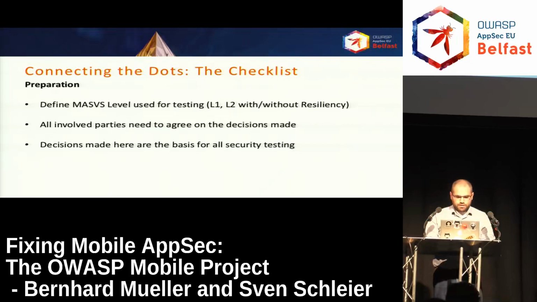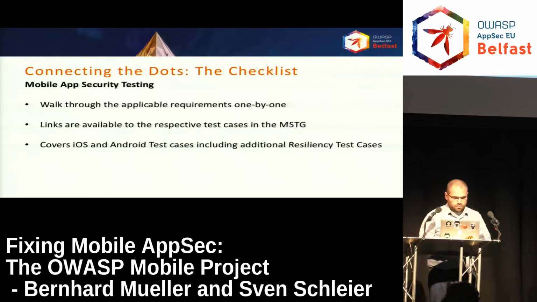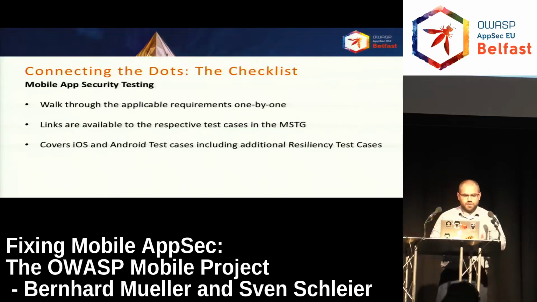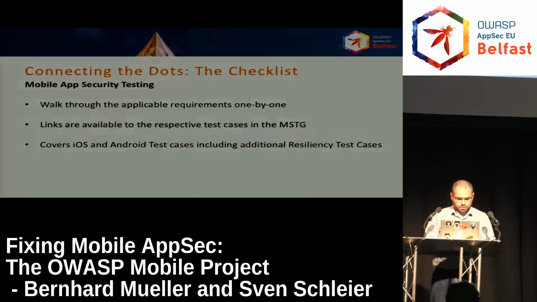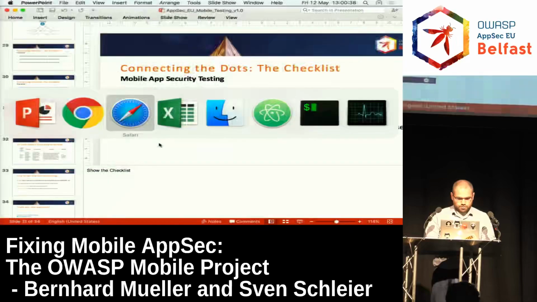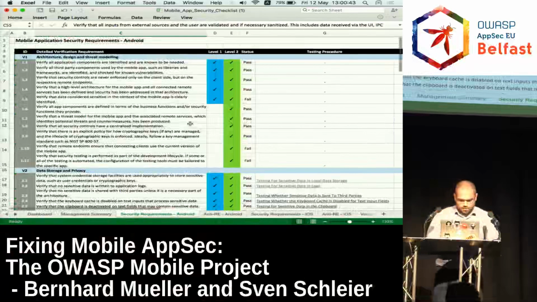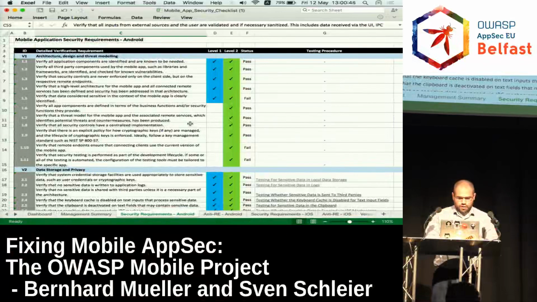So once you have your baseline on what requirements are actually applicable, you can then start with the mobile app security testing and walk through the applicable requirements one by one. So let me just quickly show you the sheet. So we have the security requirements for Android and for iOS.